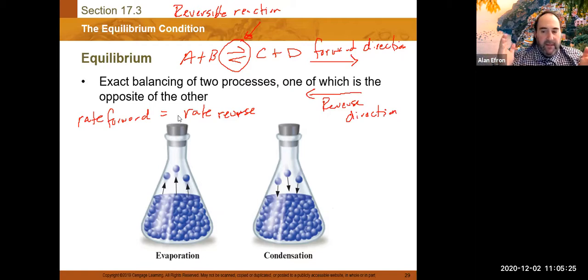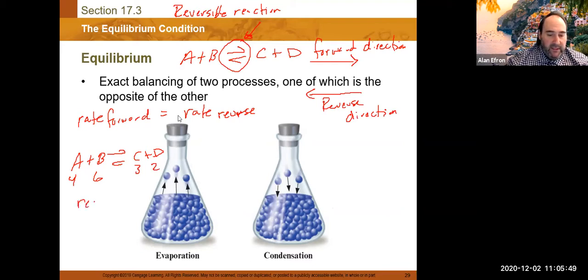And what that really means is you don't necessarily get the exact same amount on both sides, but you get everybody locking into place when that occurs. So if you have a reaction like A plus B goes to C plus D, and say we started with 4, 6, 3, and 2 of these, and then we reach equilibrium, at that point maybe this one locks into 2, this one locks into 3, and 1 and 3 over here.